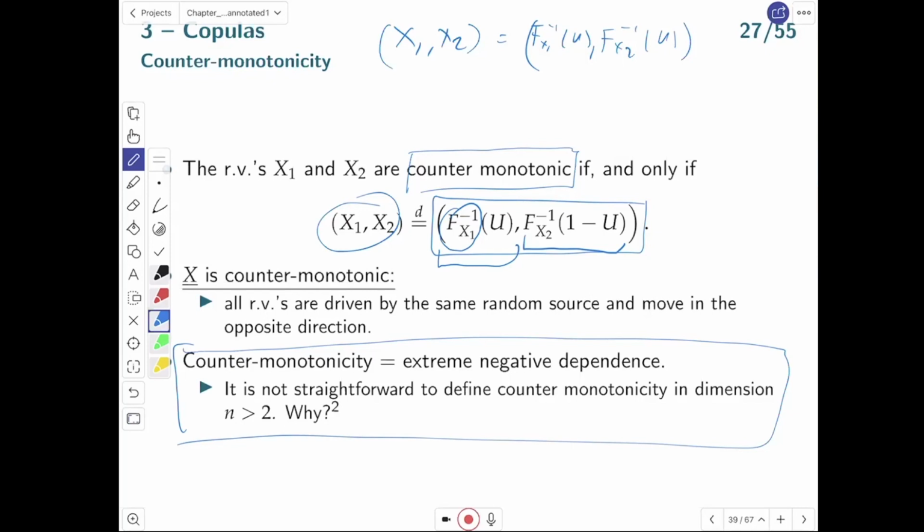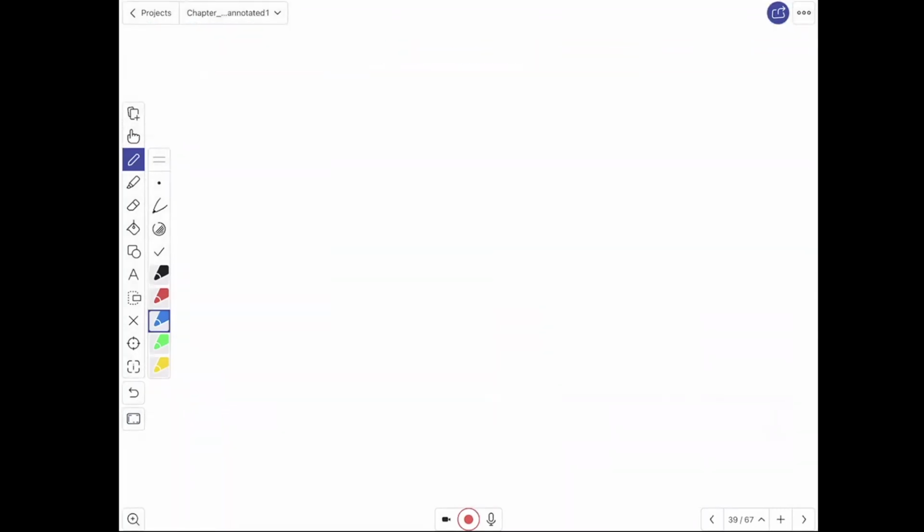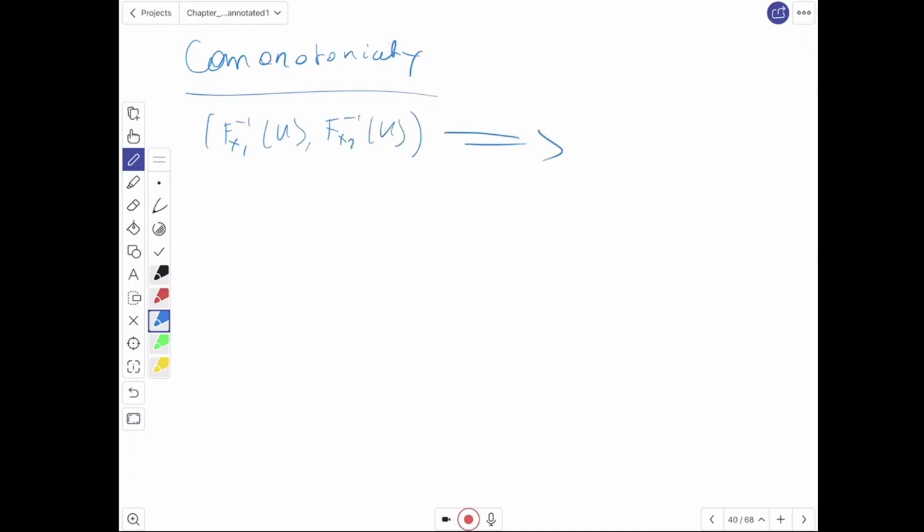The problem is that if I have comonotonicity, once you can pronounce it, you can think of how to extend it from 2 dimensions to 3 dimensions. What if there's a third risk involved? I want this third risk to move perfectly together with the other 2.